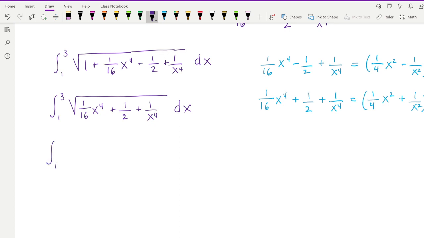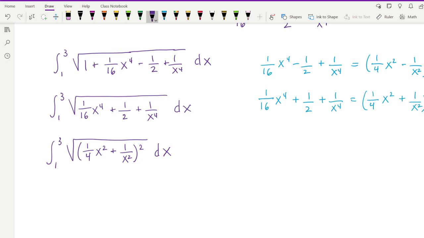So why is that useful, by the way? Well, because now we have the square root of something squared, right? We can rewrite this as the square root of 1/4 x squared plus 1 over x squared, squared.